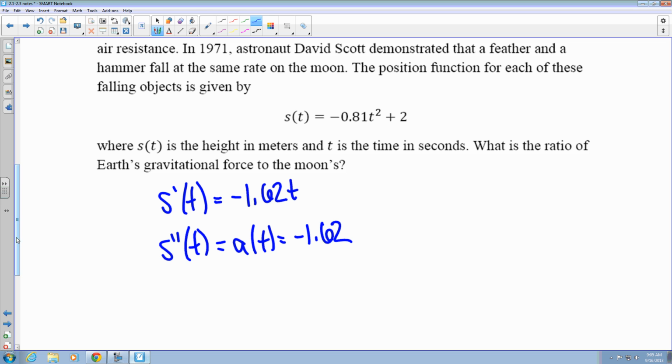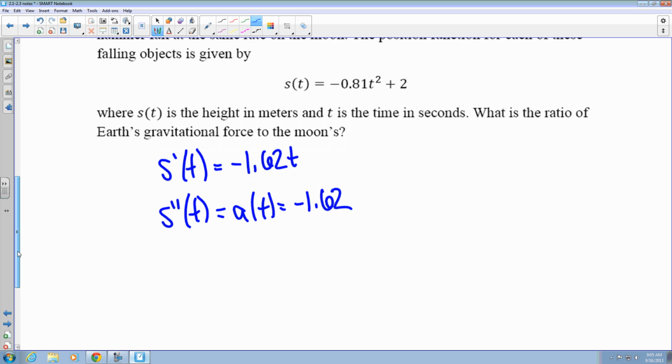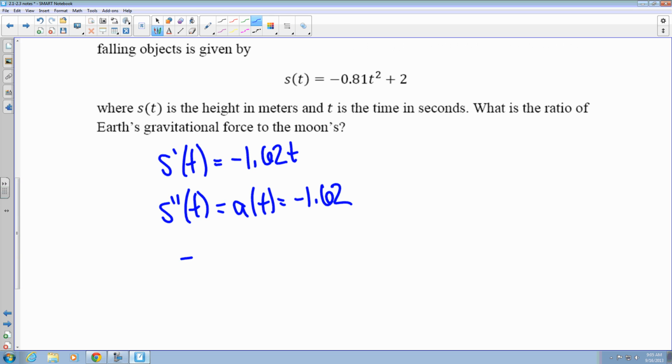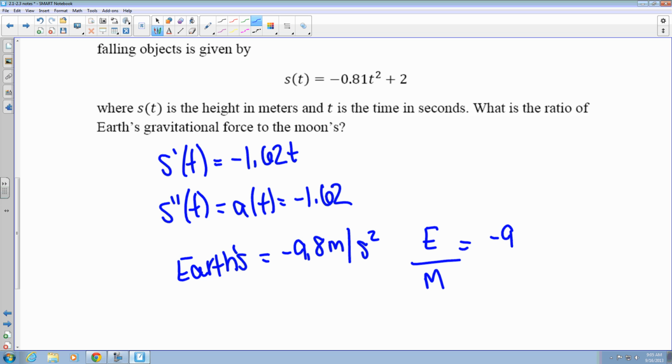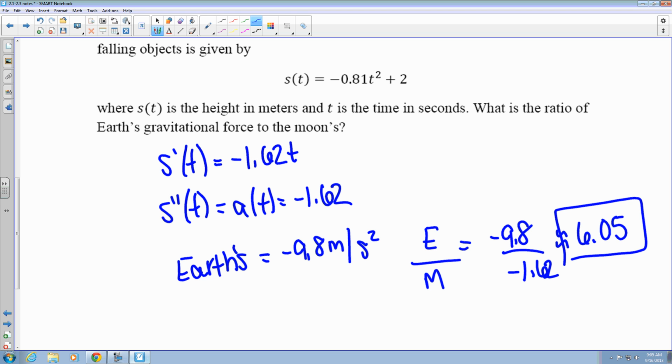So in general, negative 1.62 is a gravitational pull, and we know that Earth's is negative 9.8 meters per second squared. So if we're doing the ratio of Earth to moon, negative 9.8 to negative 1.62, it's approximately 6.05. And that's what this question wanted.